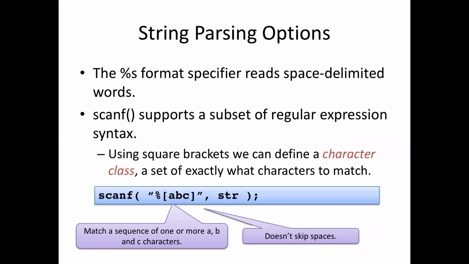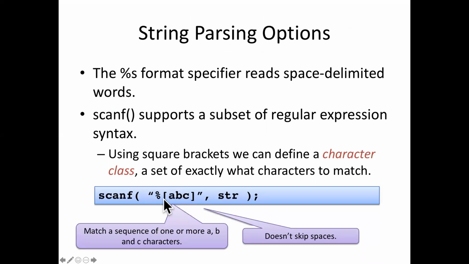Instead of reading an arbitrary string, you can tell scanf what characters to match using something called a character class. Instead of putting an S after the percent, if you put any set of characters inside square brackets, you're telling scanf to read a string consisting only of those characters.